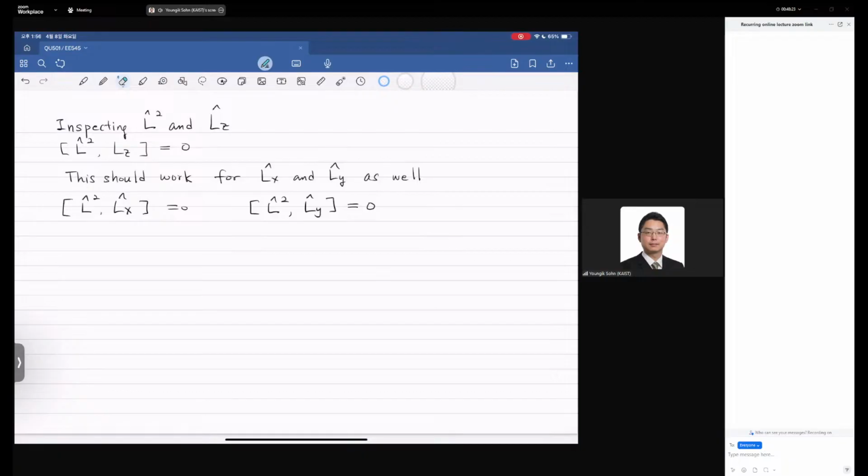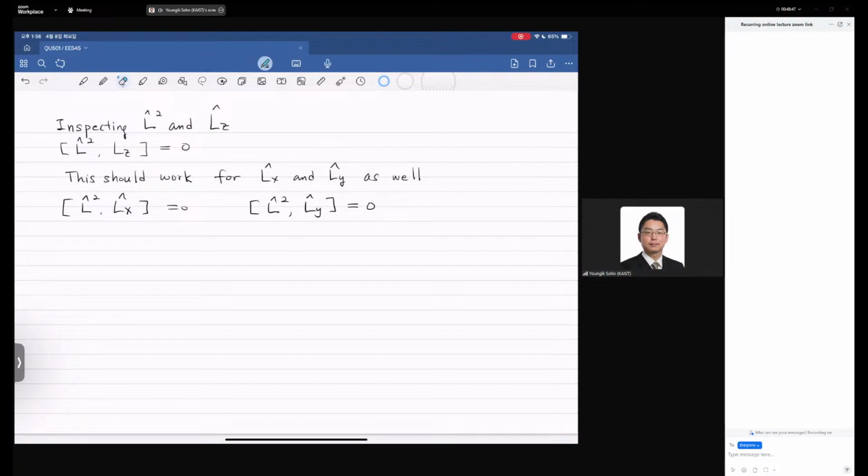So L square is a very interesting operator. Let me ask you a quick thing: does L itself commute with Lx, Ly, Lz or not? Not L square, L. It's not.